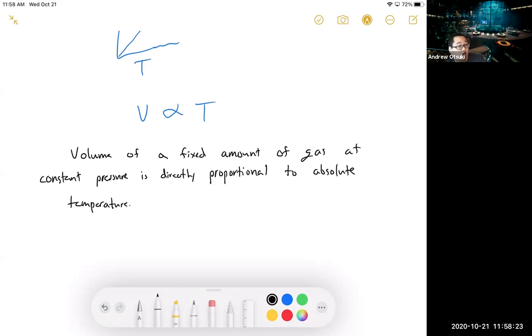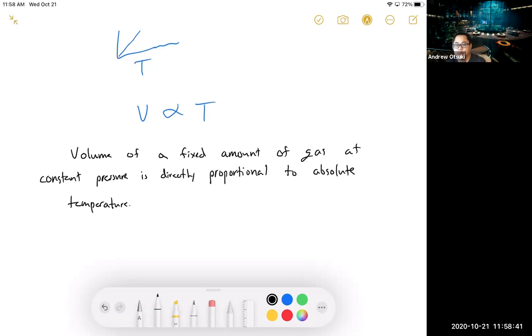So if my volume increases, I should see an increase in temperature. Likewise, if I increase my temperature, I should see an increase in volume. You could say it both ways.